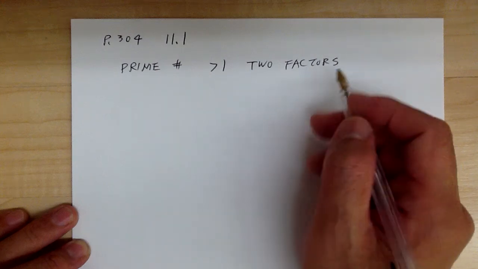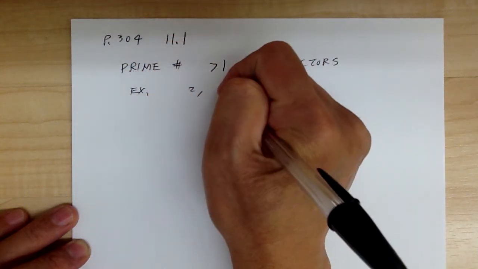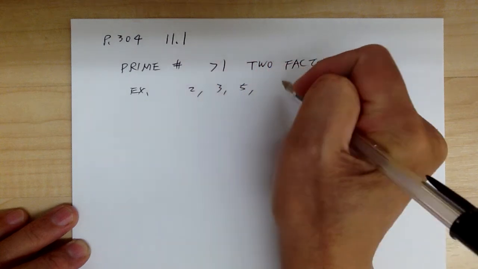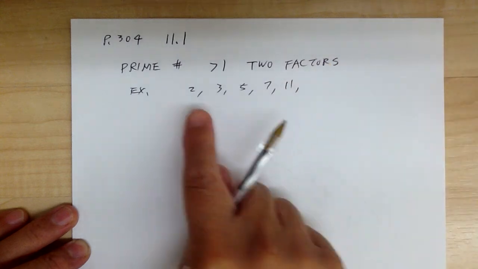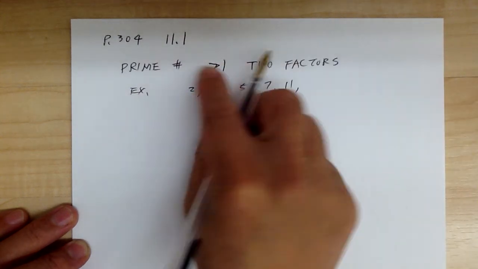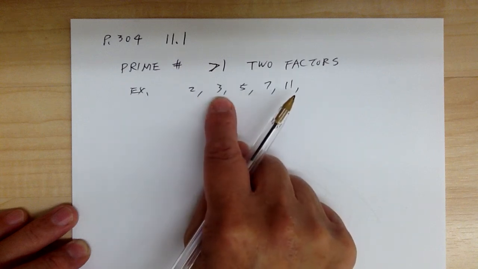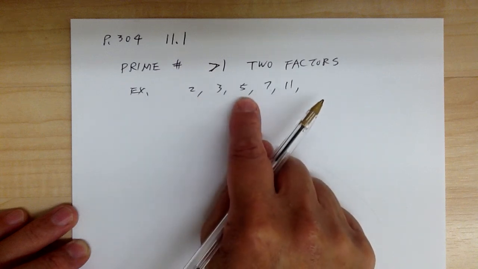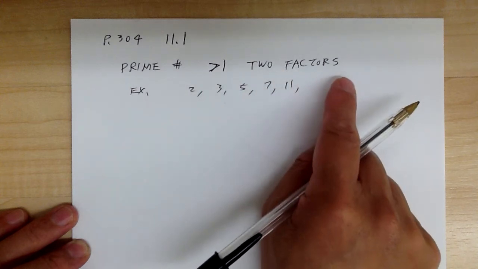An example of prime numbers would be 2, 3, 5, 7, 11. Each of these is greater than 1 and has two factors, like 1 and 2, 1 and 3, 5 and 1. Again, a prime number is a number that has two factors, 1 and itself.